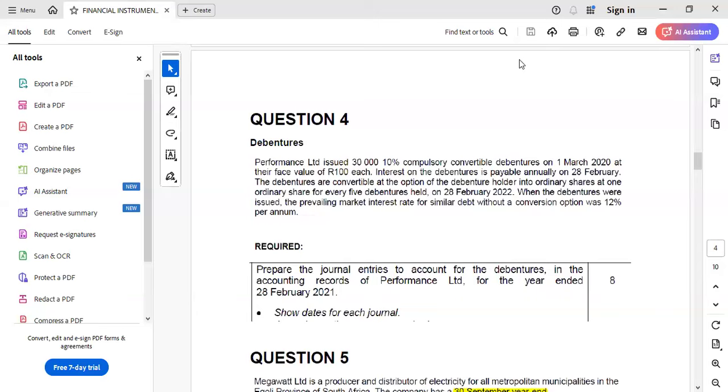Before I proceed with these questions, I would like to explain a few things. If a company issues a financial liability, and remember we defined what a financial liability is: it is a contractual obligation to deliver cash or other assets at conditions that are unfavorable to you.